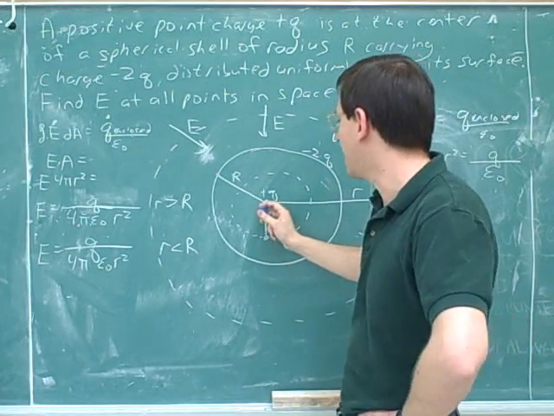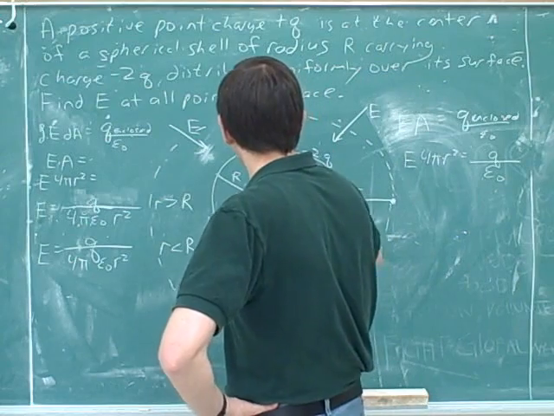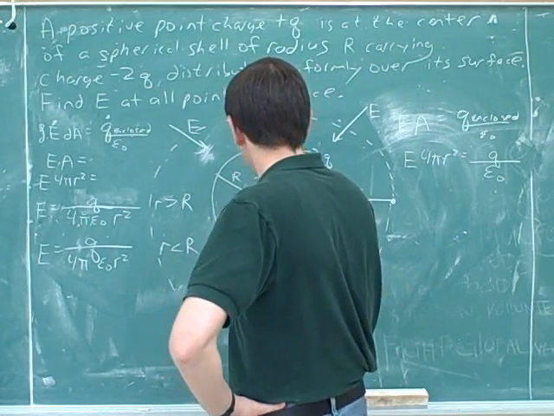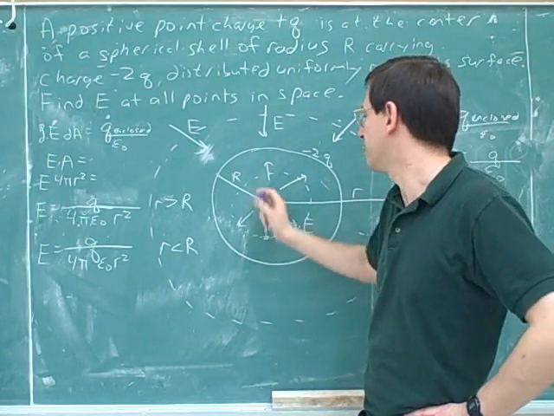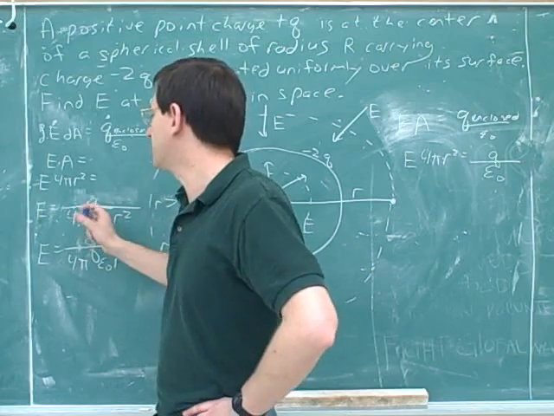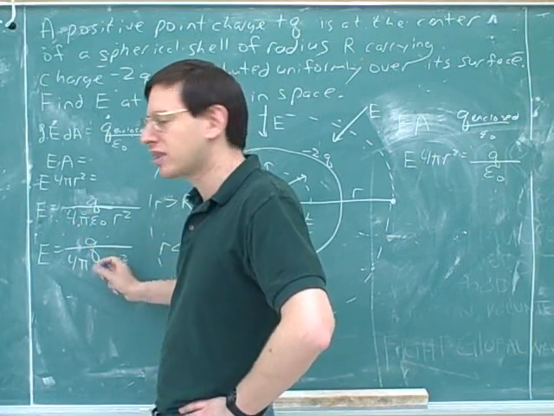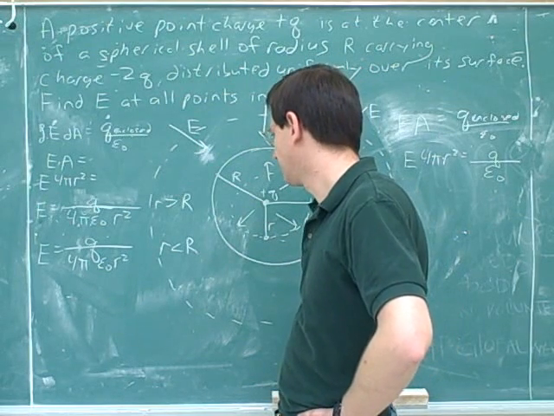However, when we're on the inside, the enclosed charge is positive, and we know that electric field vectors point away from positive charges. I'm just repeating what you already correctly said. So basically, the formula for the magnitude of the electric field is the same everywhere. However, the directions are quite different in different places.